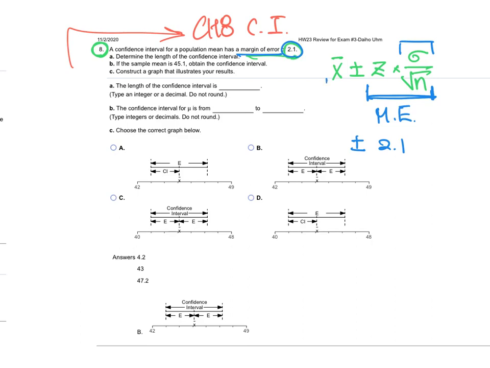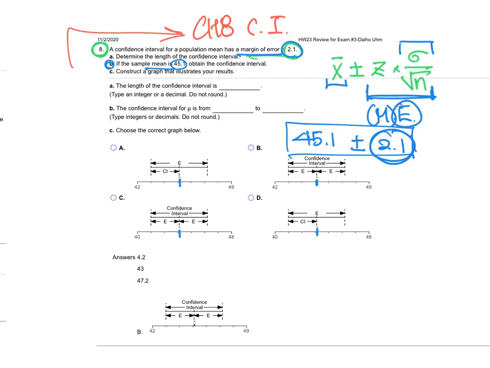Can you see the point estimate, the sample mean? Yes, in part B, the sample mean was given. It's 45.1. So the confidence interval would be 45.1 in the middle, the point estimate, the sample mean, plus and minus the margin of error. Actually the textbook uses the notation just E. Just E was the margin of error.